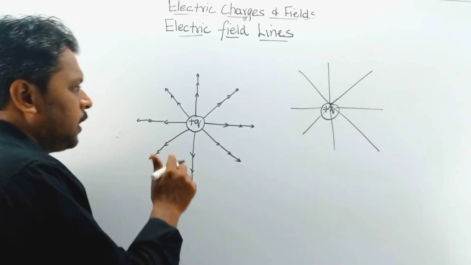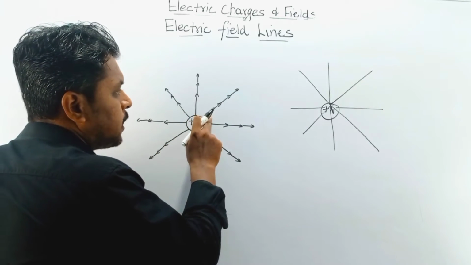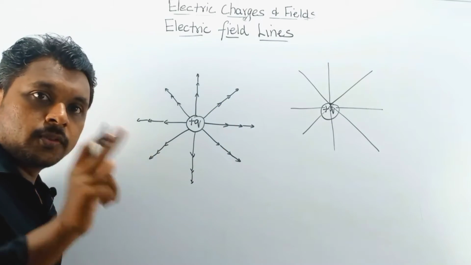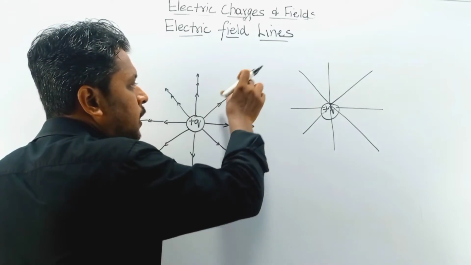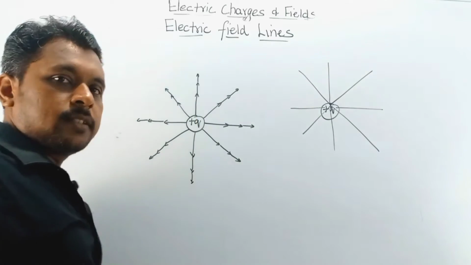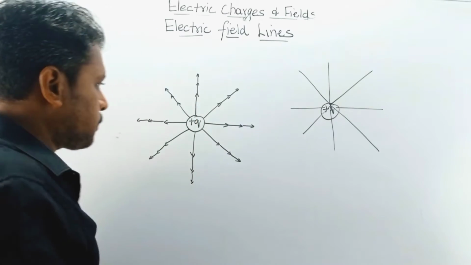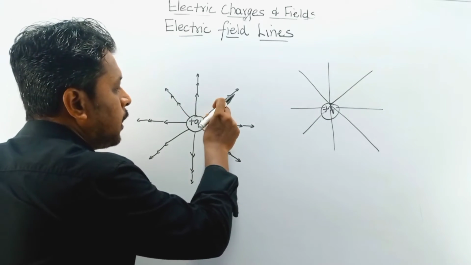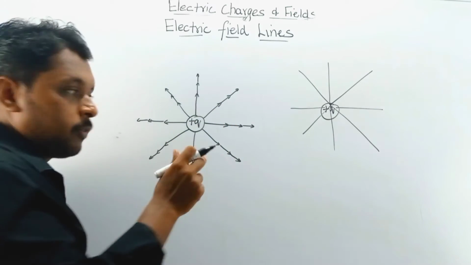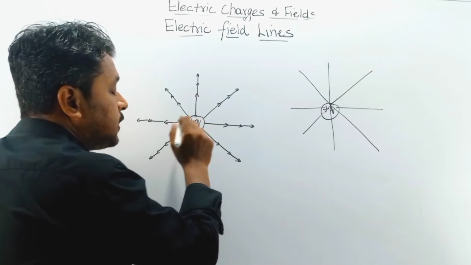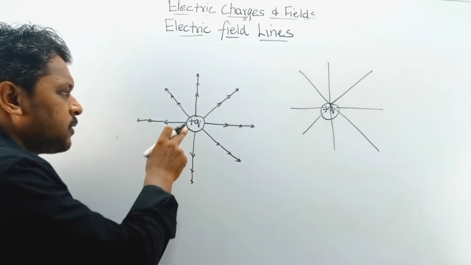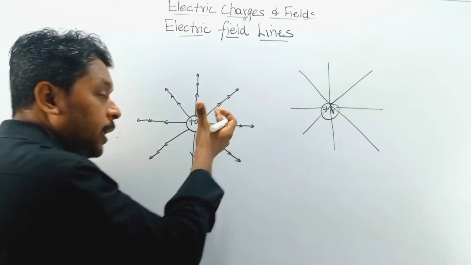See, the electric field lines are represented with arrow marks, and you also see that the length of the arrow marks is different as you go along the distance. Here the arrow marks are very long near the charge Q. Nearby the charge the length of the arrow mark is very long.